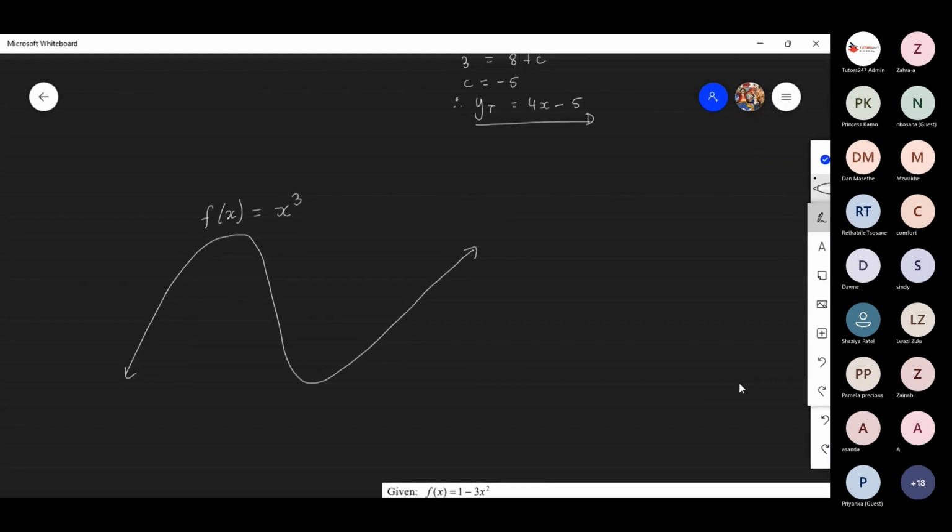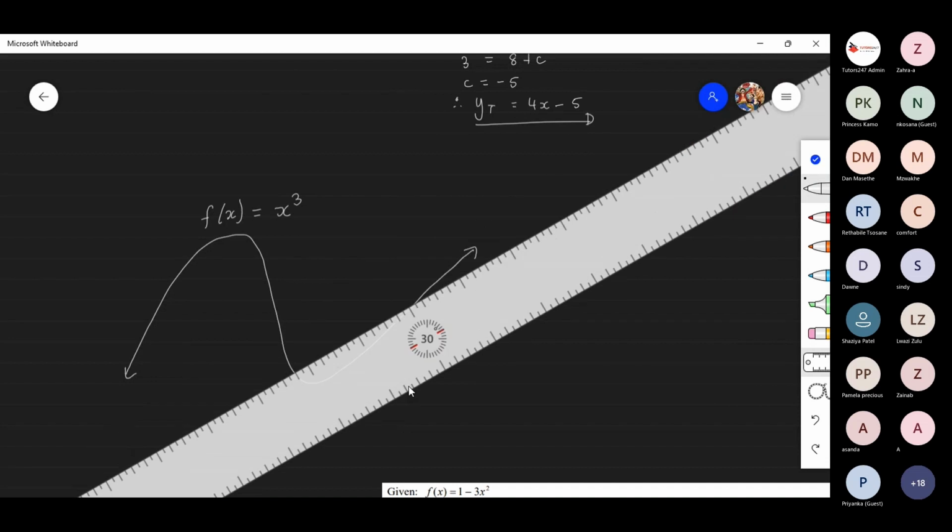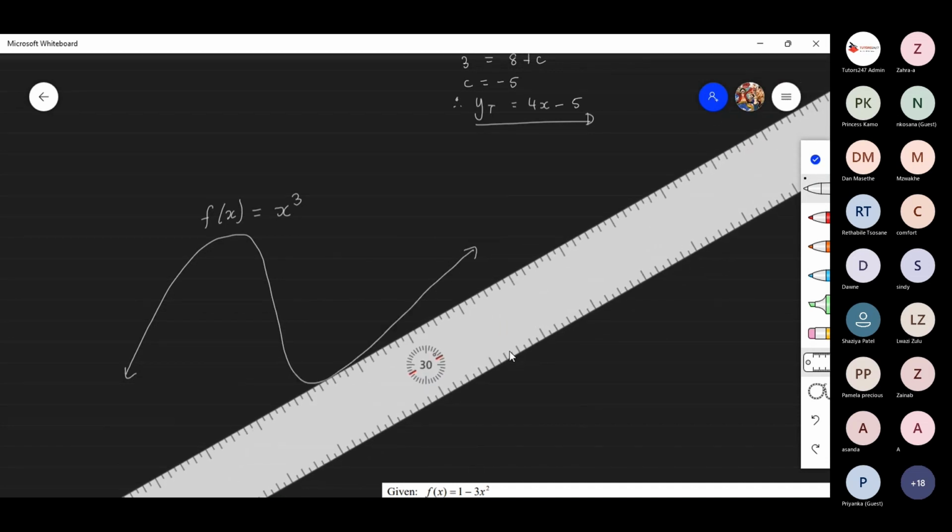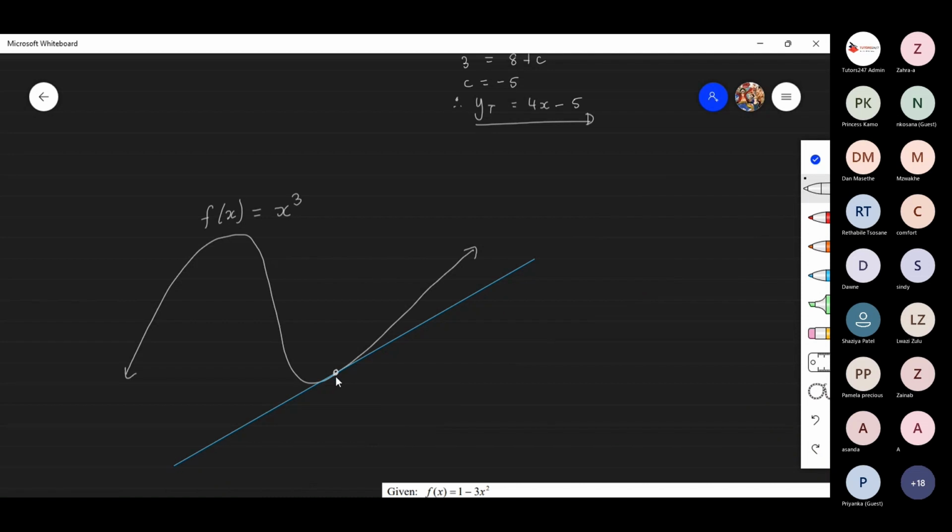OK, so we have this cubic function. Now on this cubic function, we have a tangent at that point. Let's call that point P and give it coordinates 2 and 3. OK, so same as before. And this blue line would represent our tangent. And let's make this minus x squared plus x minus 4, for example.